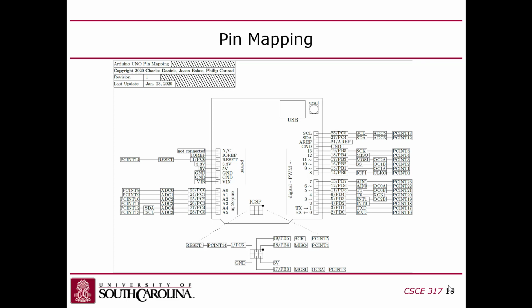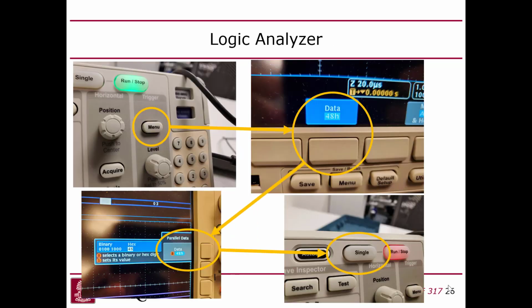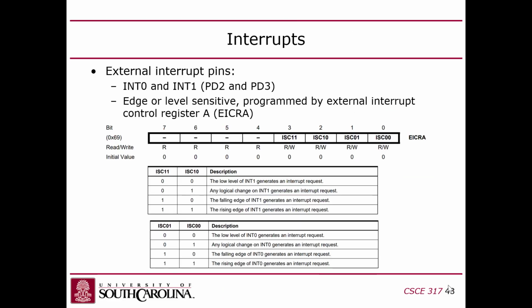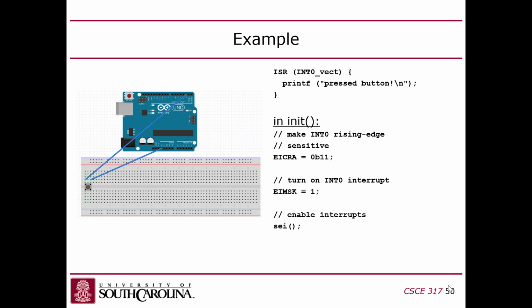So if you go to the lower right-hand corner of the board again, and you go up 3 pins, that's interrupt 0, and the next one up from there is interrupt 1. So that's why I'm going to connect the button to that pin. I'm going to take one side of the button and connect it to pin 2, and the other side of the button I'm going to connect to a 3.3 volt one, right?